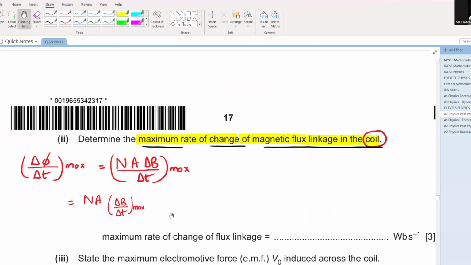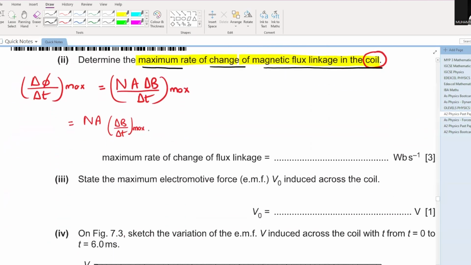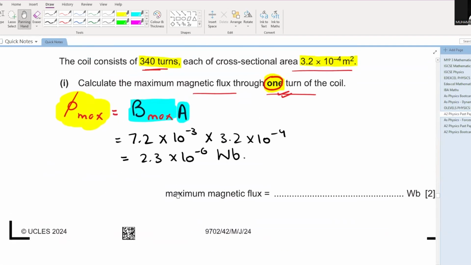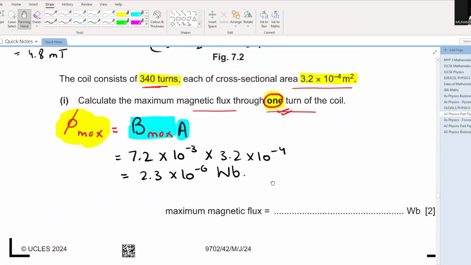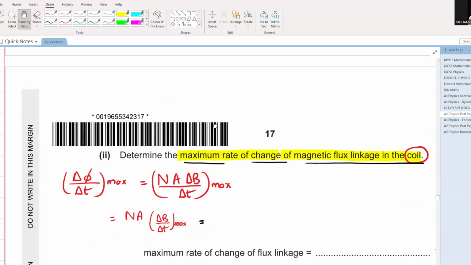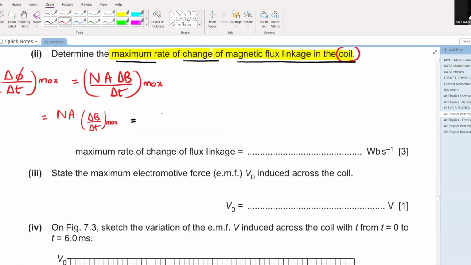Perfect. Okay, so what is your value of N? Your value of N, as far as I remember, is 340. Area is 3.2 into 10 to the power of minus 4. Let's put that in. 340 into 3.2 into 10 to the power of minus 4, and your gradient is maximum 8.